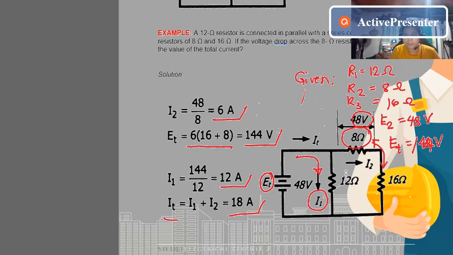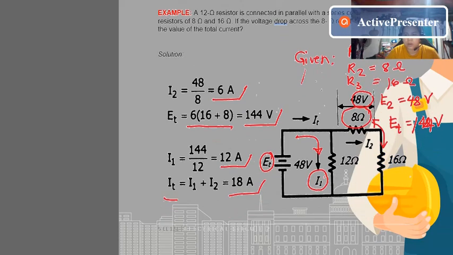So I hope nasabtan for our example for parallel series circuit. So ganina, ibalik ko na katong 48 dire. So diri ra to siya sa voltage drop for our E2, while ang atong total voltage since naka-series then naka-parallel siya dire.